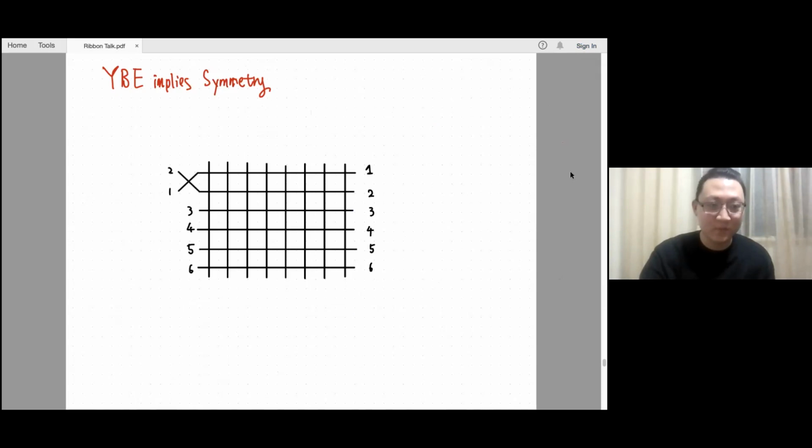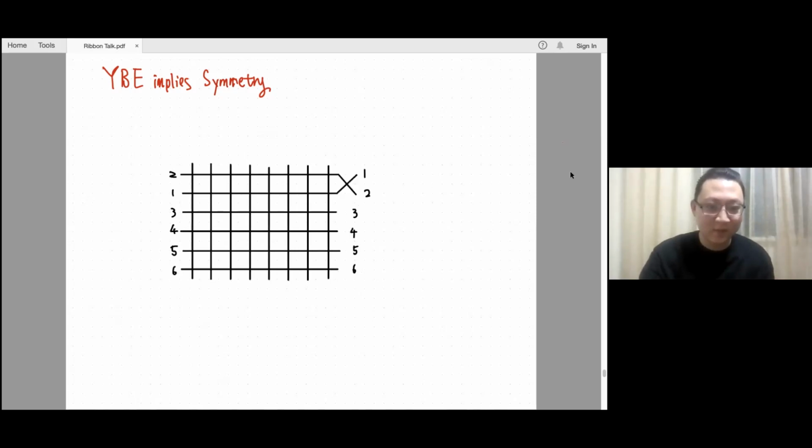Then using the Yang-Baxter equation, we can just pop this vertex in, and then again, and then all the way to the right. So what happened is that the partition function doesn't change because of the Yang-Baxter equation, but the first 2 rows are swapped. So x1 becomes x2 and x2 becomes x1.